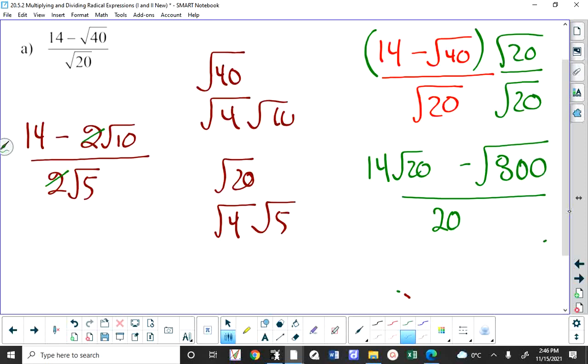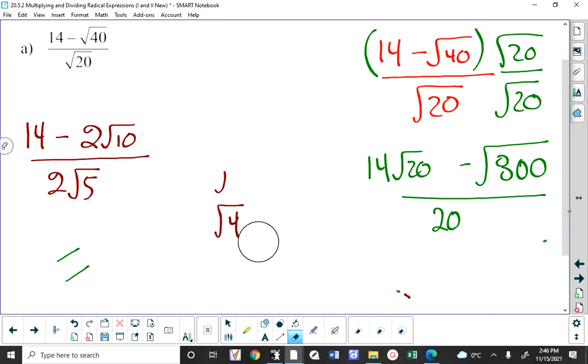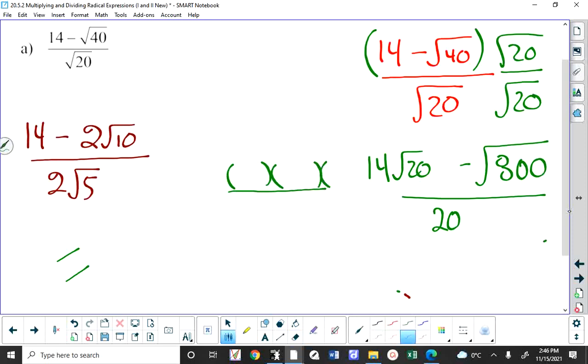You were only ever allowed to cancel something if it's a factor on the top and the bottom. This 2 that I canceled on the top is not a factor of the top, because something that is a factor of the top would be in brackets times other stuff on the top. This minus inside screws up the whole factor thing.